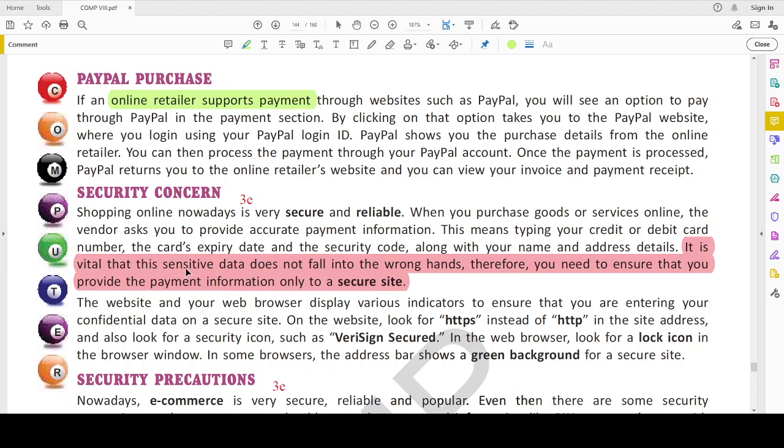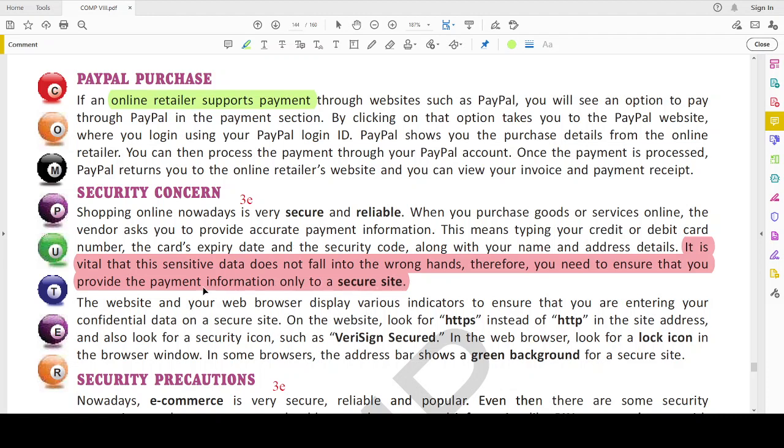It is vital that this sensitive data does not fall into the wrong hands. Therefore, we need to ensure that we provide our payment information only to a secure site.